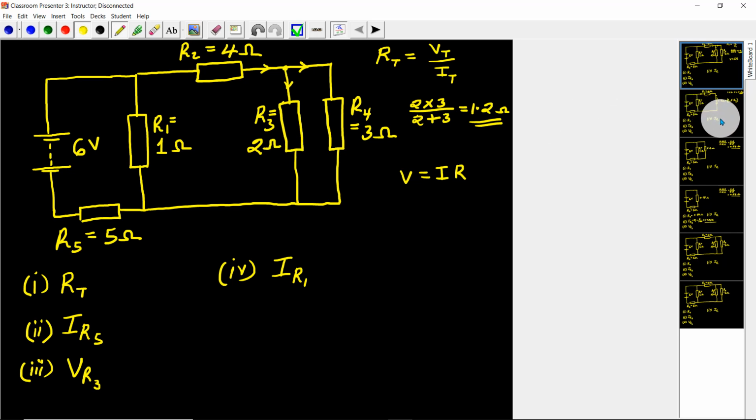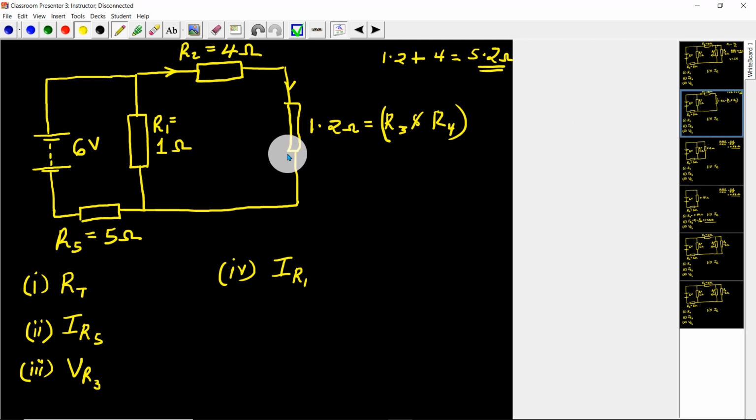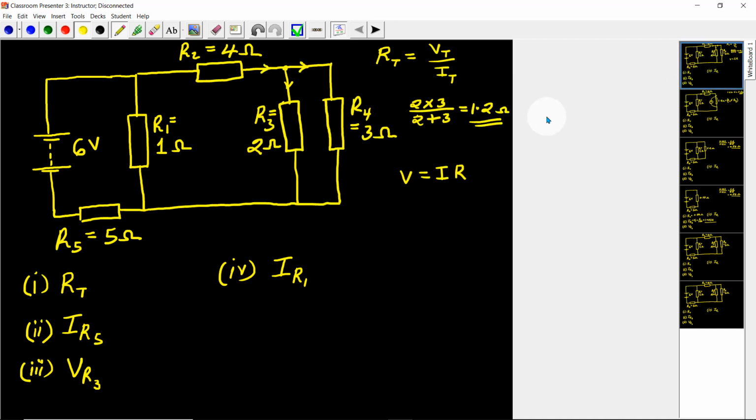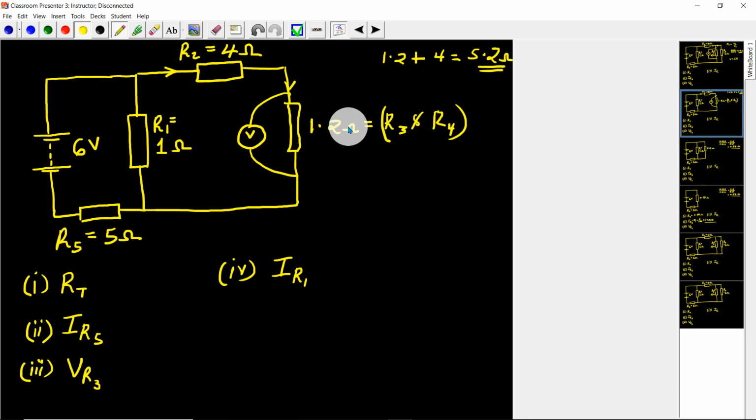Now when I look at this kind of circuit here, if I can get the voltage across this combination of the two resistors, R3 and R4, I will have got the voltage across this one here. So getting this voltage is similar to getting the voltage across the combination of the two resistors.